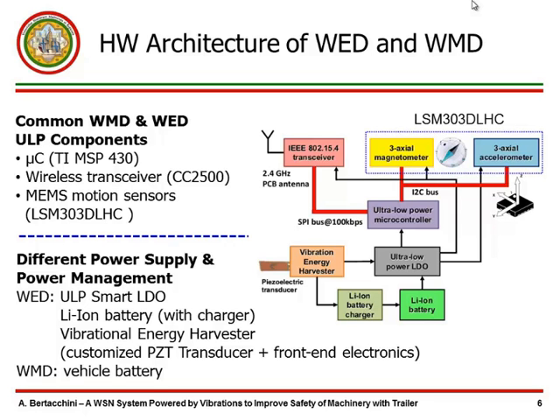When we're talking about the master device, there is no problem because it is directly connected with the vehicle battery. But there is a need for a more complex architecture when we're talking about the end device. In particular, there is a need of a smart LDO, which is able to detect if the vibration energy gathered from the harvester is enough to execute the task.